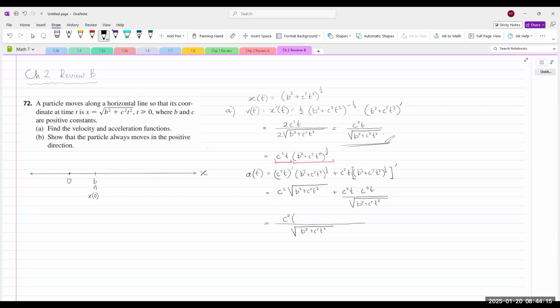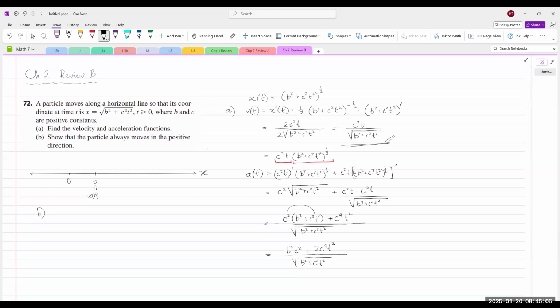So it becomes c squared (b squared plus c squared t squared) plus c to the 4th t squared, which simplifies to b squared c squared plus, we get one c to the 4th t squared here and another one there, so 2c to the 4th t squared, over square root of b squared plus c squared t squared. Okay, that's the acceleration function.